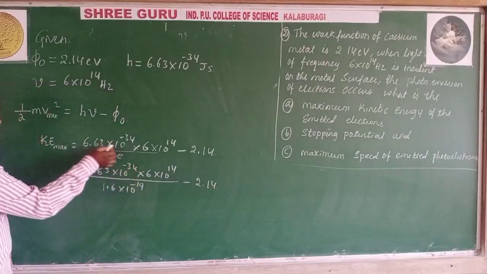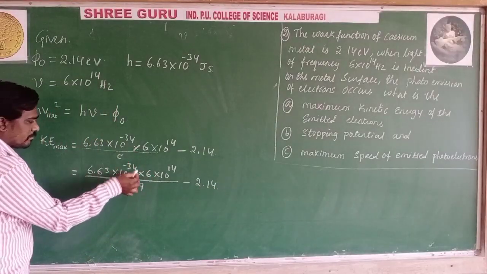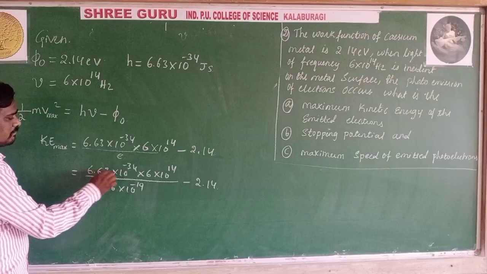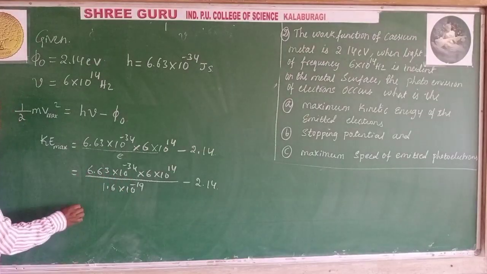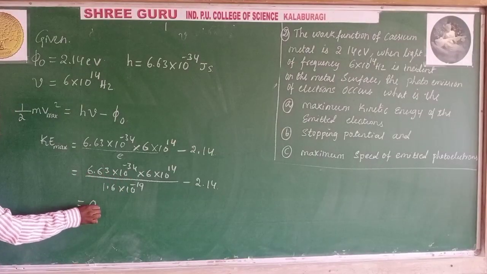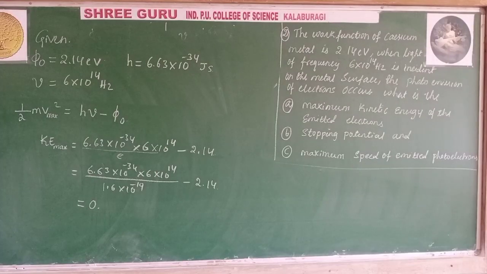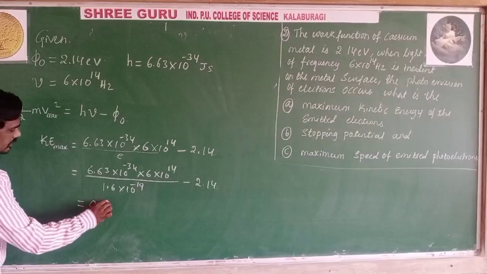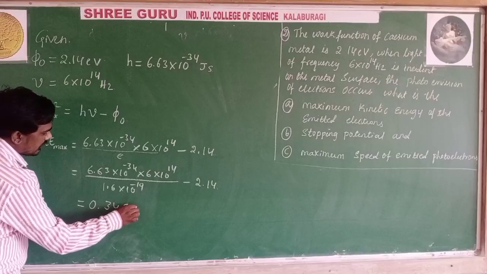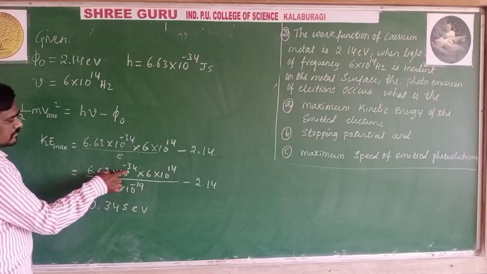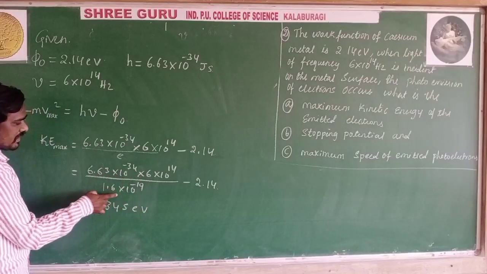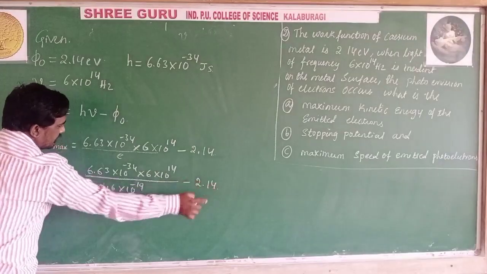Now calculate these values: do the power calculation first, then multiply and divide. Ultimately our answer is 0.345 electron volt. First you convert the powers, then you multiply, divide, and then subtract from 2.14.